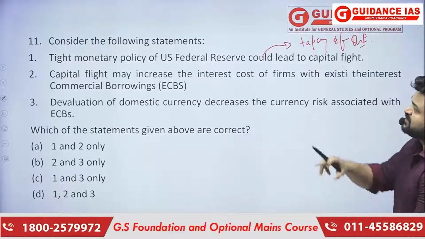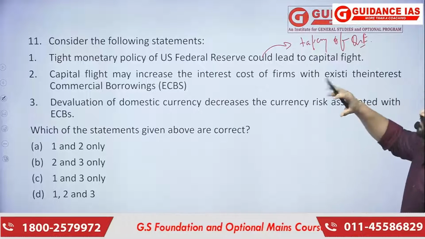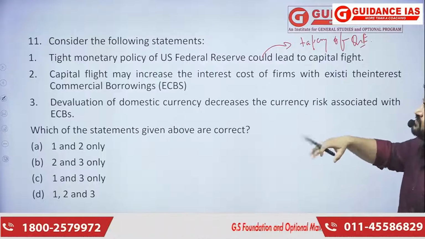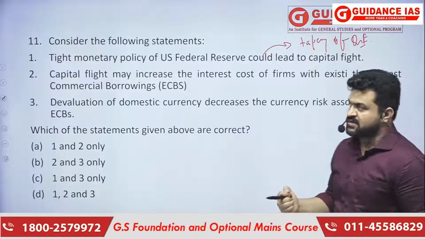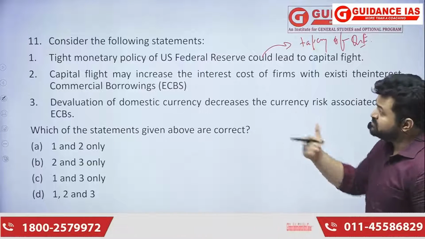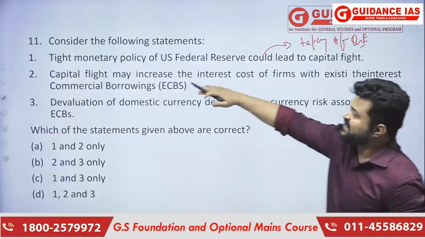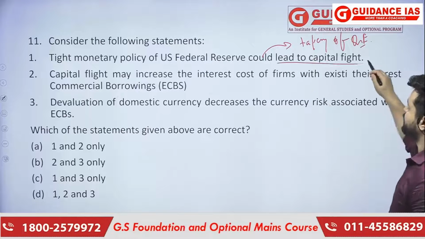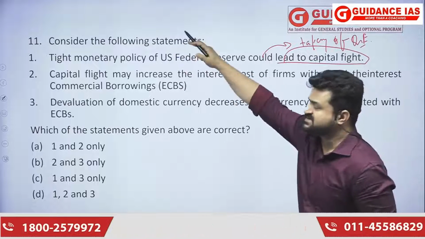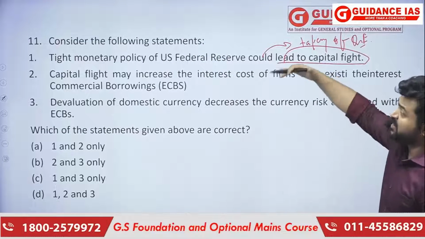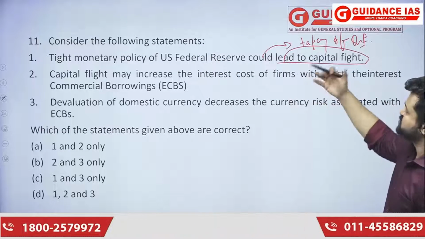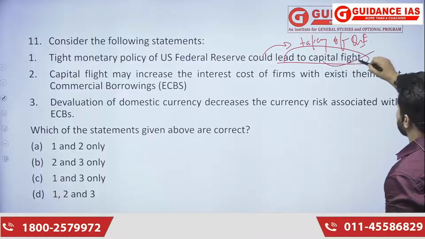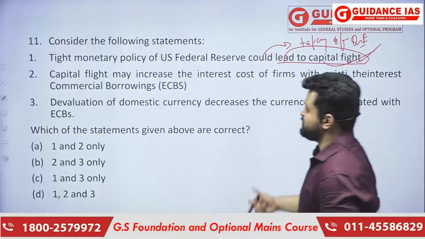During the corona pandemic, the US Federal Reserve adopted a kind of quantitative easing that led to lowering of the interest rate, and that generally leads to inflow of capital. But tight monetary policy would result in the opposite, decreasing the money supply in the US market, and that leads to a withdrawal of investment from India's market also. That is what you refer to as capital flight. So that statement is correct.